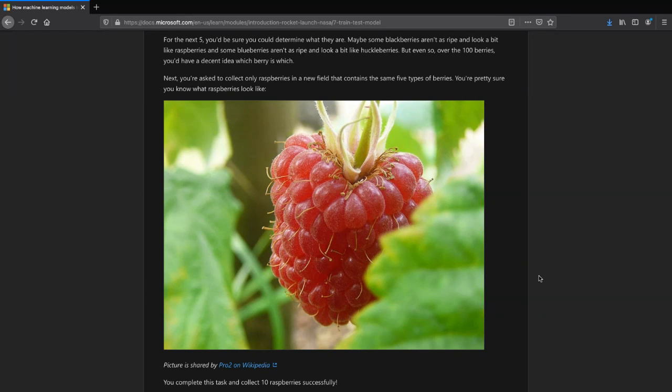Now, occasionally, you may come across a new type of berry, and you might say, "Hey, I've never seen a berry of this type before." And if that's the case, then your models aren't going to be successful at making those predictions. So we have to have evidence of the things we're trying to predict in order to be successful.